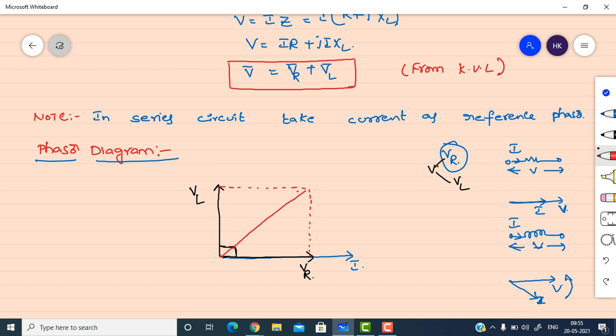Now this will give you the resultant voltage V. Here V is VR plus VL.